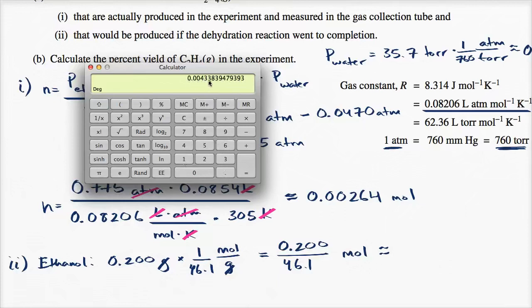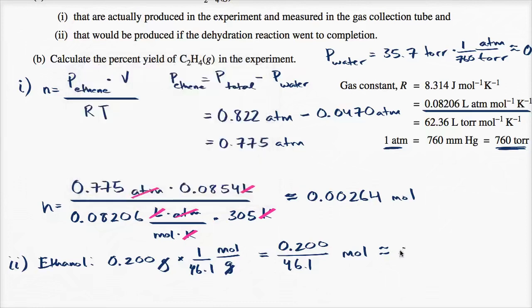I want 3 significant figures here, so I'm going to round up, 0.00434 moles.